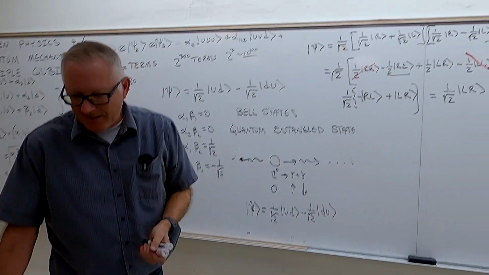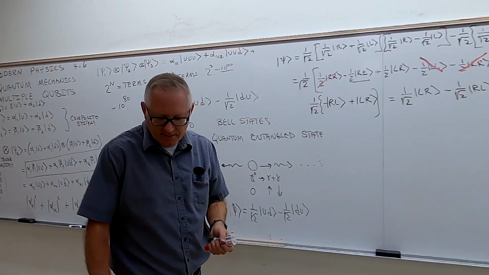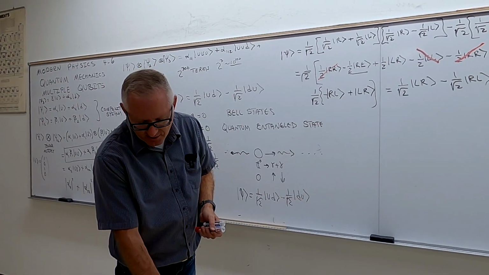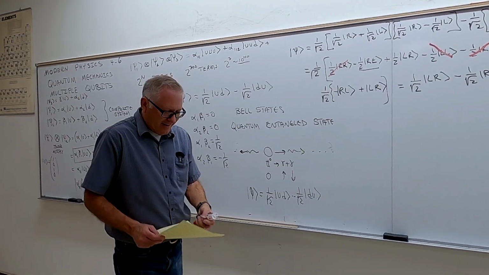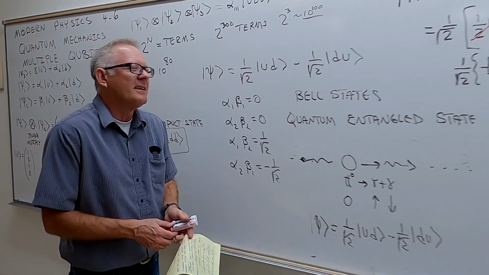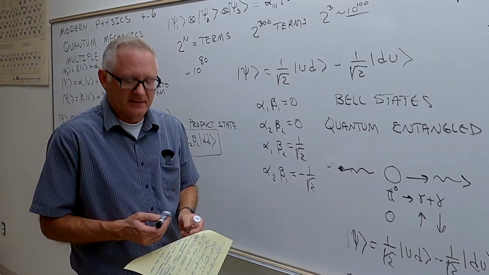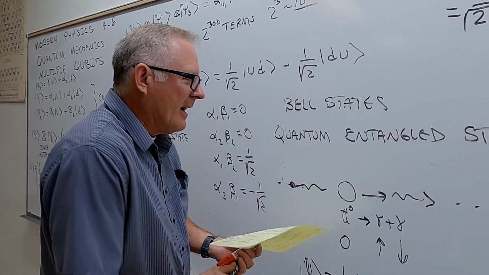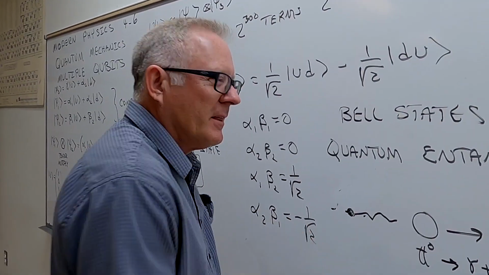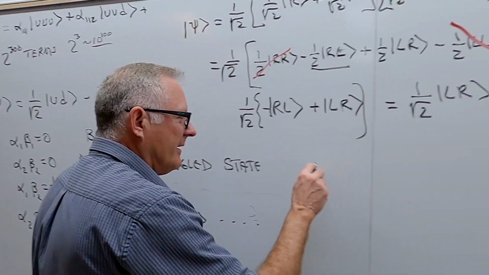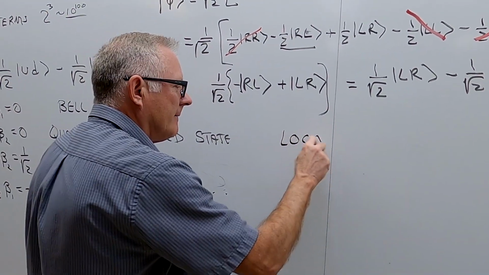Now, there was a big debate in the 1930s. Einstein did not like this. Why? Because there's something in physics called locality.